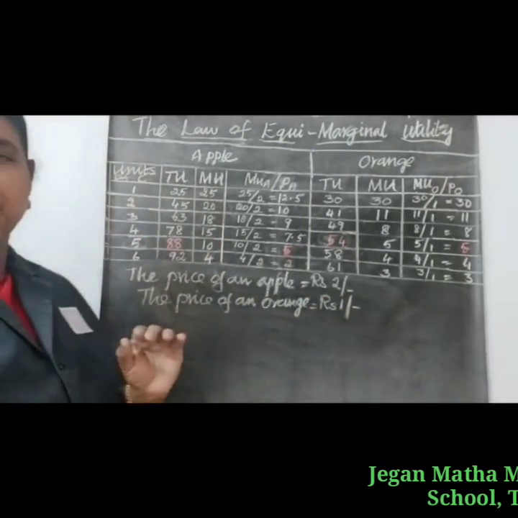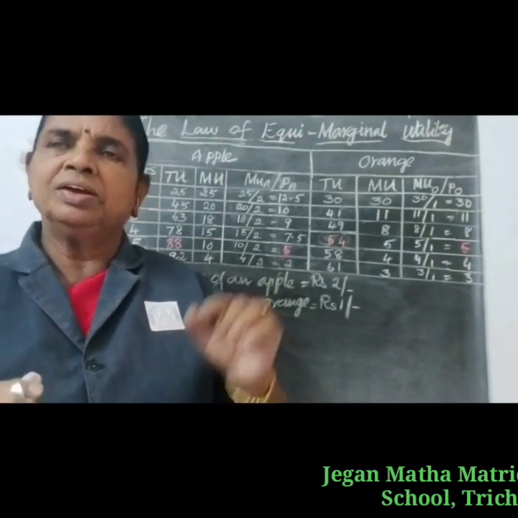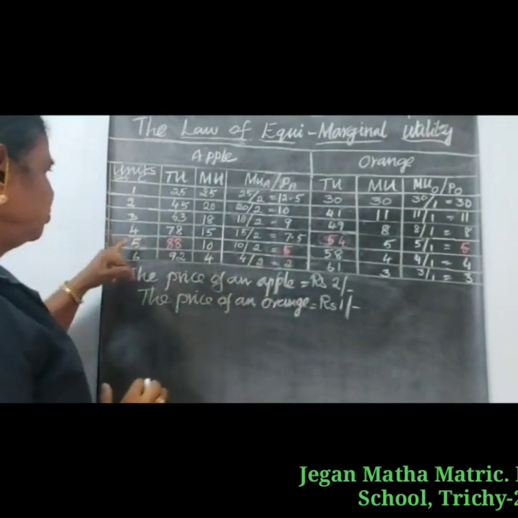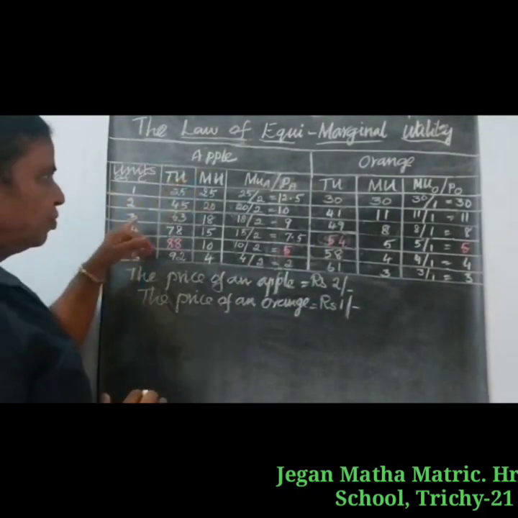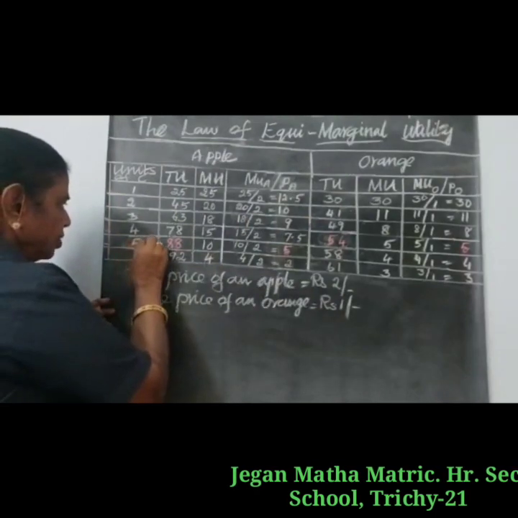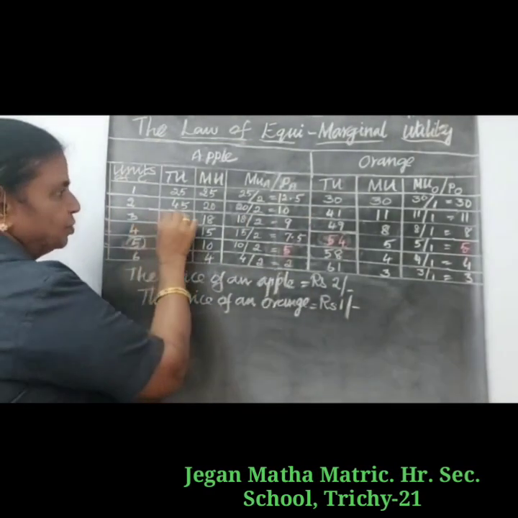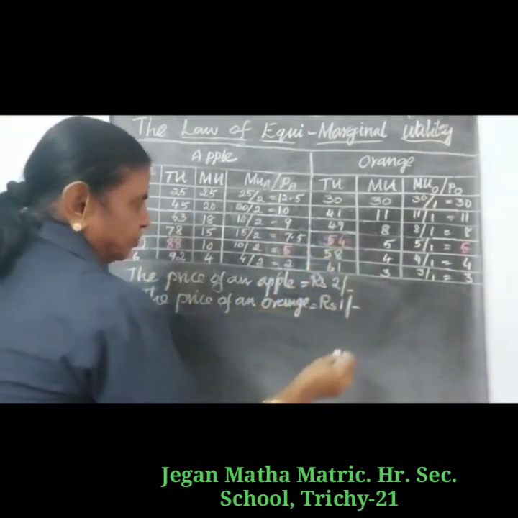If the consumer wants to attain maximum utility, he should buy 5 units of apple and 4 units of orange. He should buy 5 units of apple, here 88, and 4 units of orange, 54.